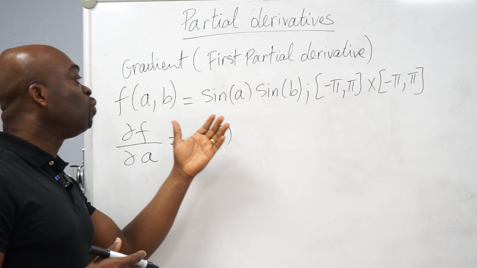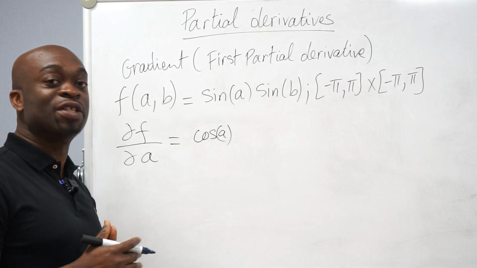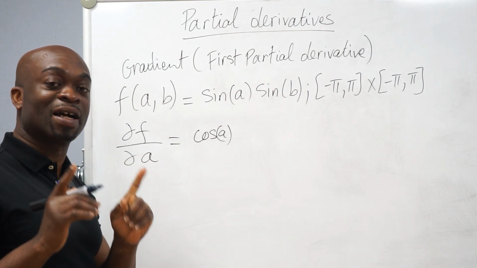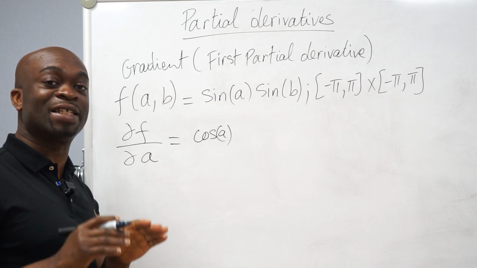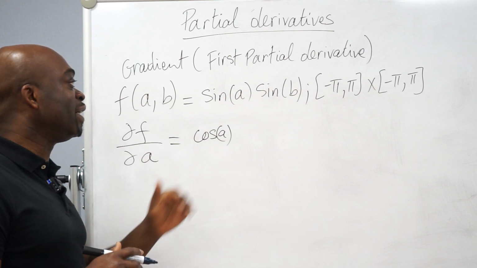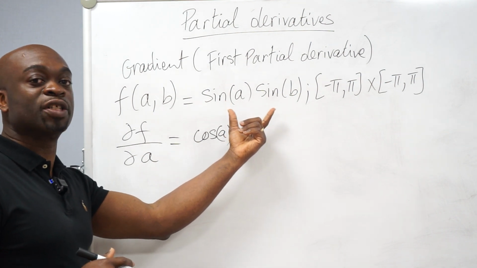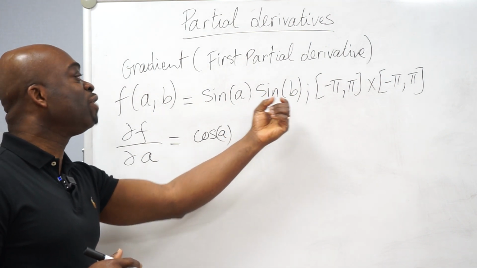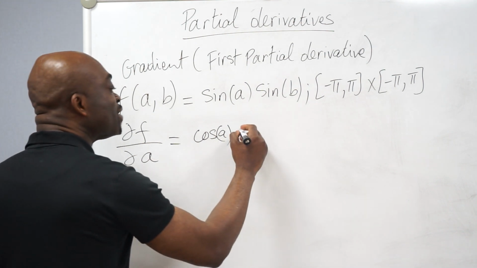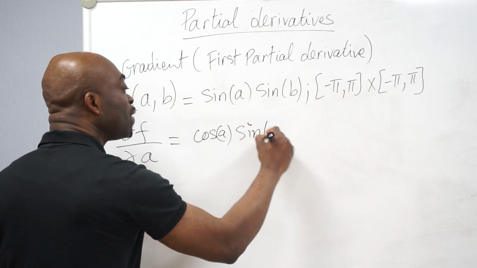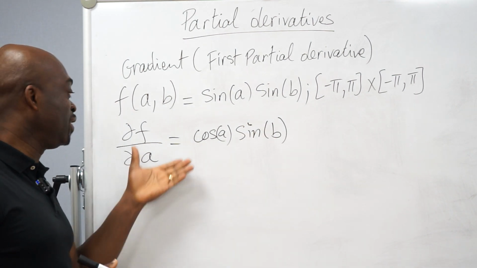But whenever we have a plus or minus sign between these functions, the constant is treated differently: the derivative of a constant becomes zero. That's not the case here. Because of the multiplication between these two functions, sin of b will be taken as a constant, and it will stay. So that will be cosine of a times sin of b, and this is the final answer for this one.